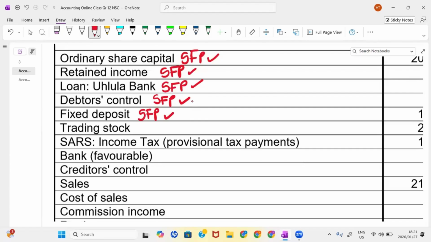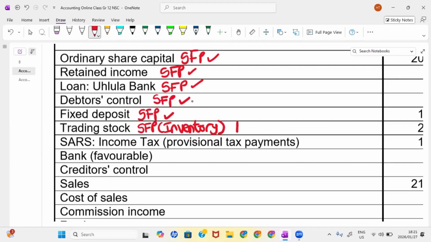And then we have trading stock. Trading stock on its own, we will go to the statement of financial position and we will name it inventory. We won't write trading stock, we will name it inventory.